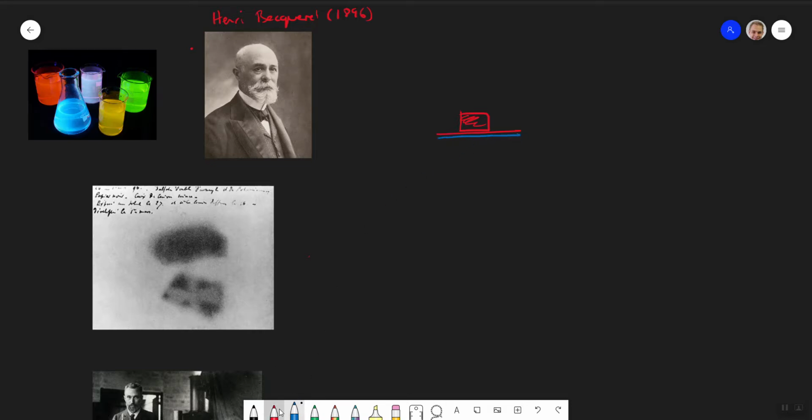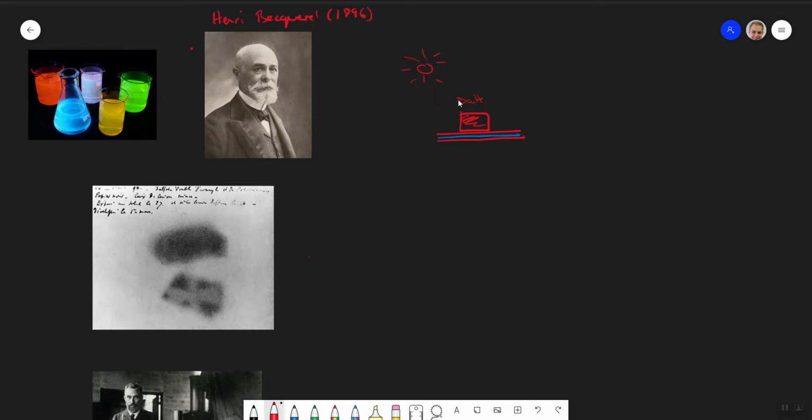And the way he would do that is by sealing some photographic film inside a container, putting the salt on top, exposing it to a large amount of sunlight, and then seeing if it's developed.